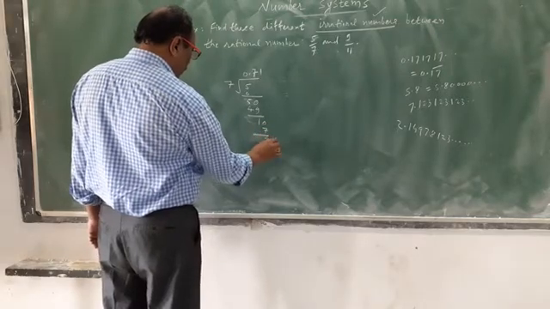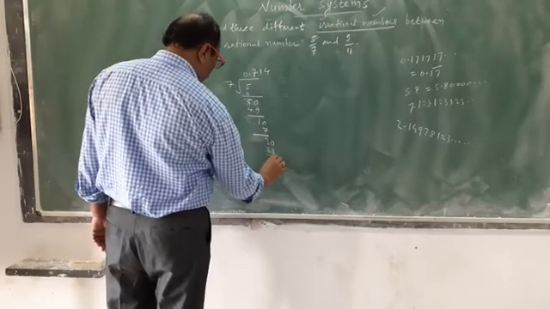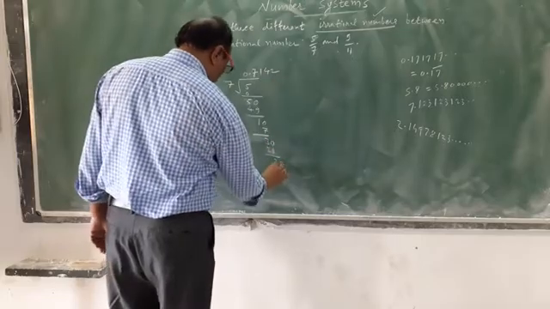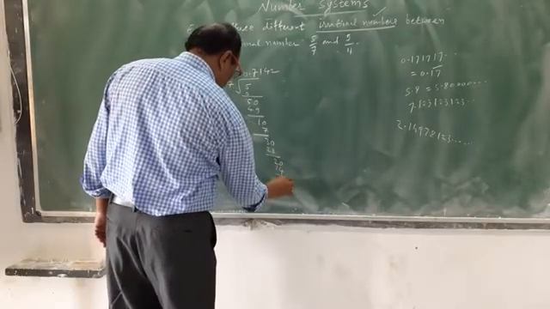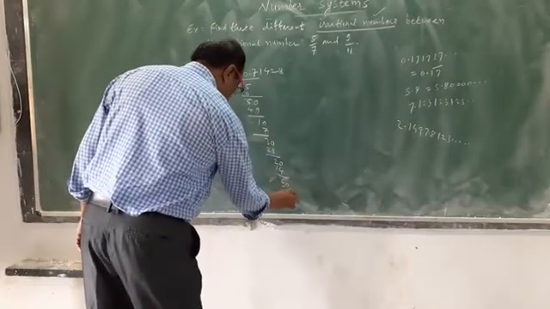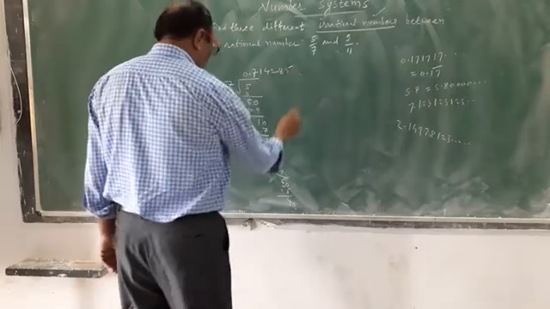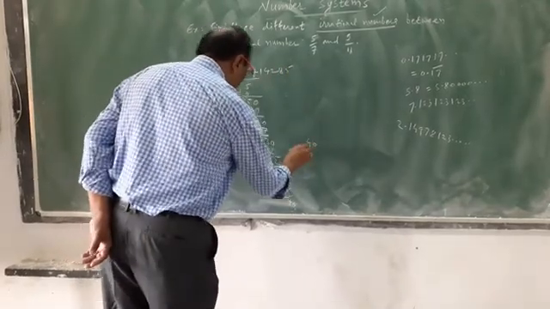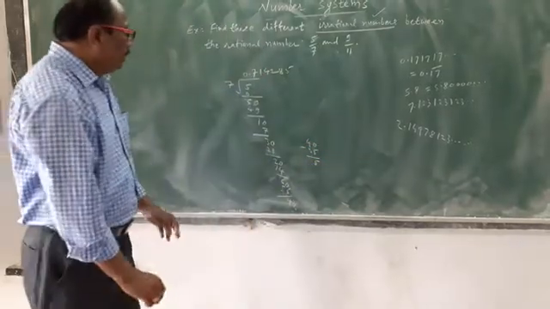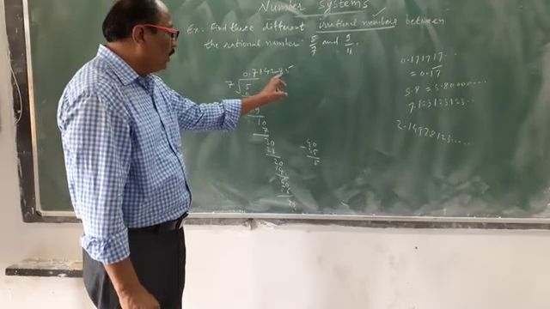That is 3, 30. 7 4s are 28. That is 2. Then 7 2s are 14. That is 6. 7 8s are 56. That is 4. Then 7 5s are 35. That is 5.